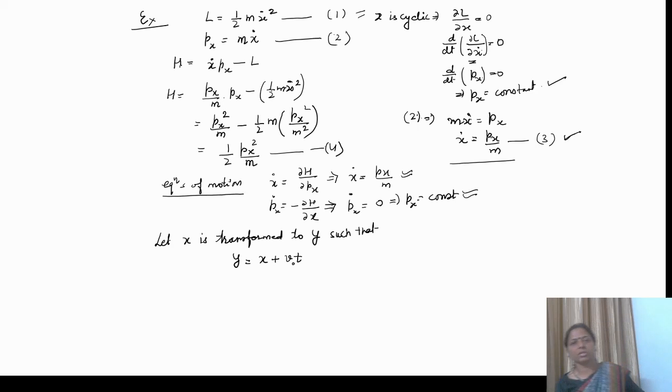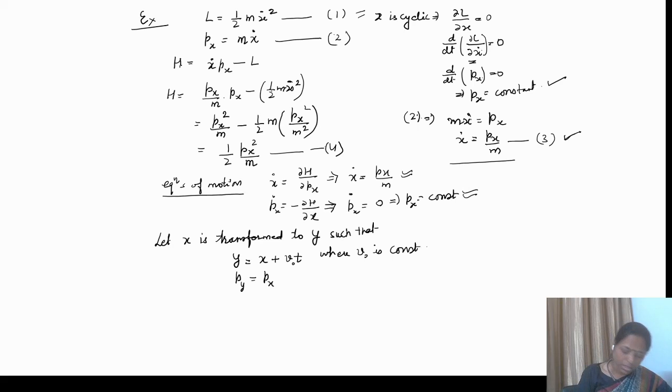Suppose this is the transformation equation transforming x to y, where v naught is constant, and py in the new system is equal to px.